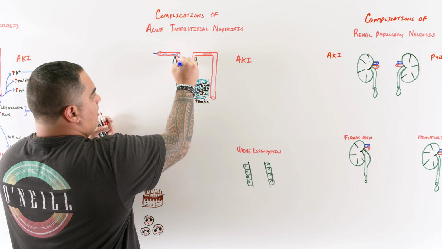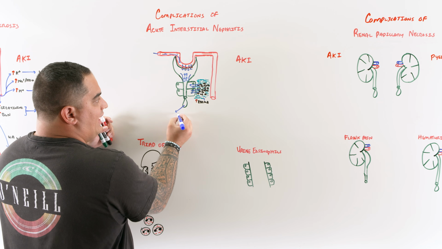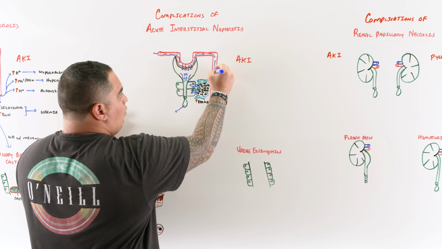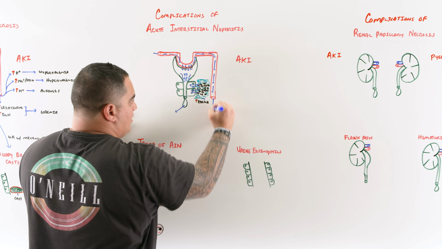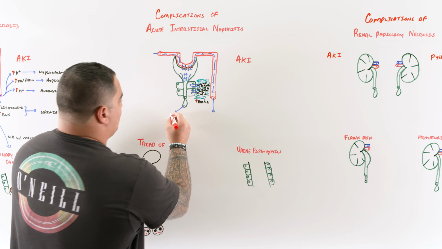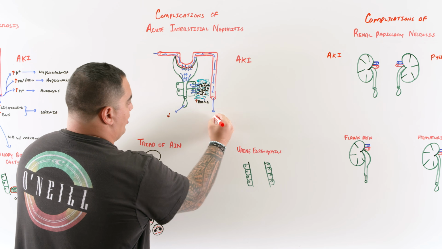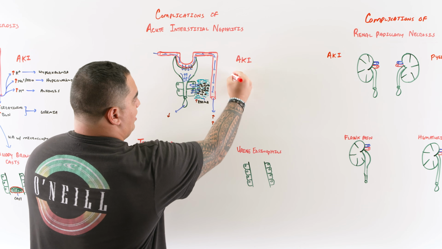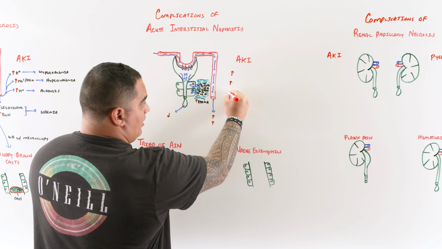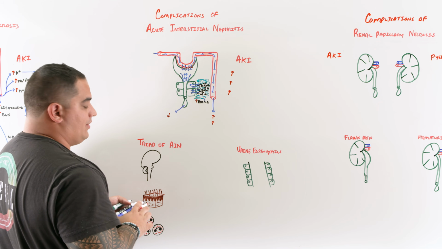As blood comes through here, I lose the ability to make urine, so that goes down, and I lose the ability to get rid of waste products, which build up in the bloodstream. So again, same concept: a decrease in urine output, increase in creatinine, increase in BUN, and potentially complications such as an increase in potassium, an increase in sodium and water, and an increase in acidosis.